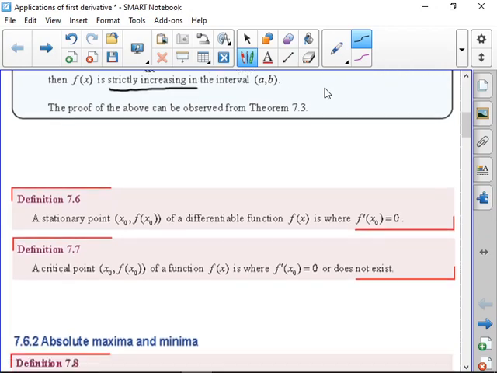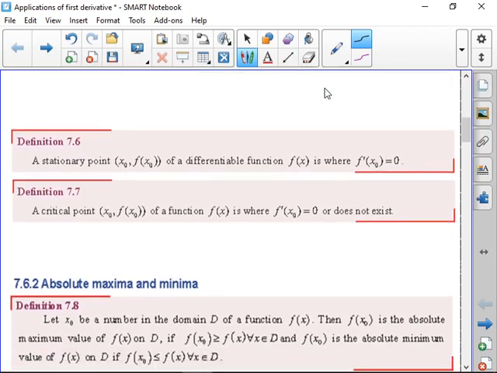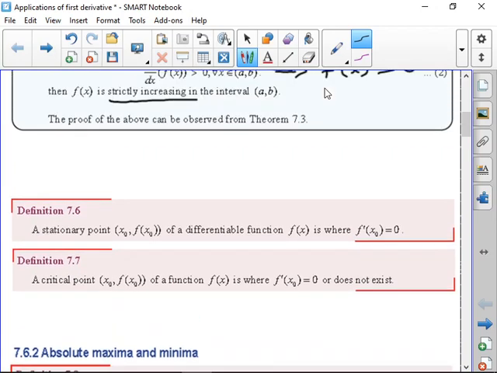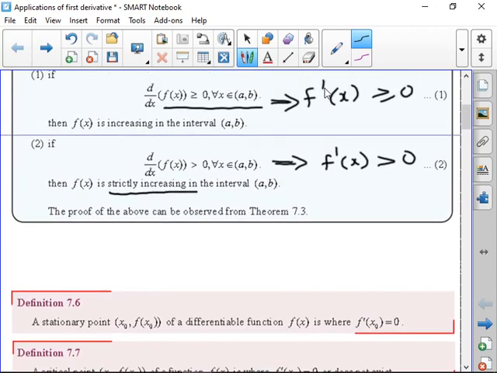Then we have stationary points. In the same way we have it for decreasing also.